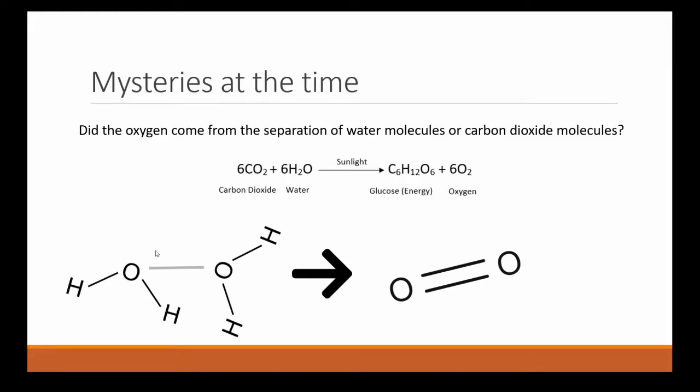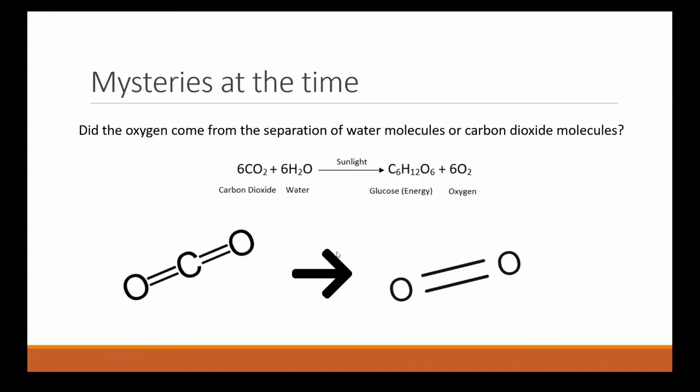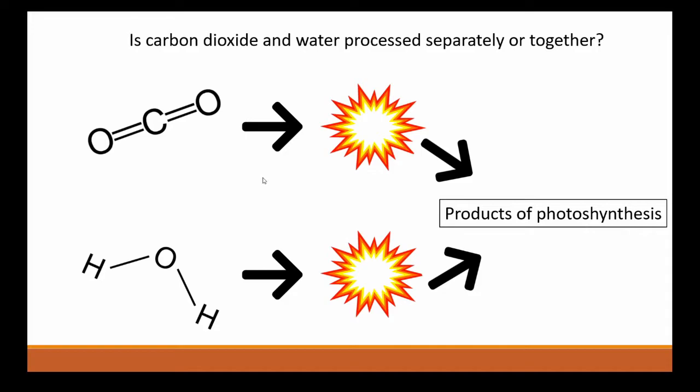The oxygens just happen to combine and it releases hydrogen ions. That's one possible mechanism. Another way is if the carbon were to break off from the oxygen, and the oxygens on either side just combine with each other and form O2 again. They really didn't know which reaction was proceeding, the first possibility or the second, and they had no way of finding that out.